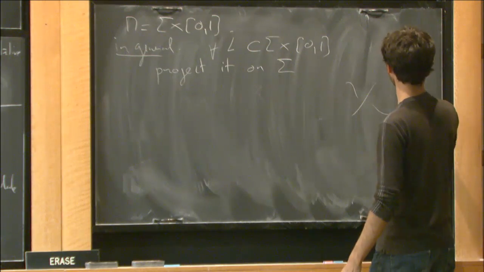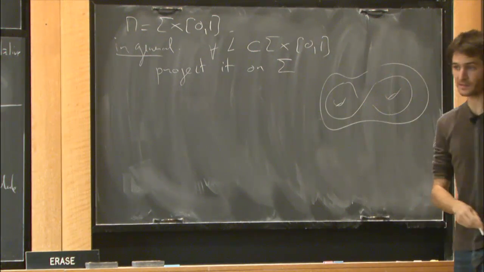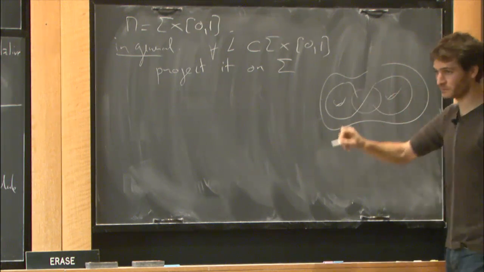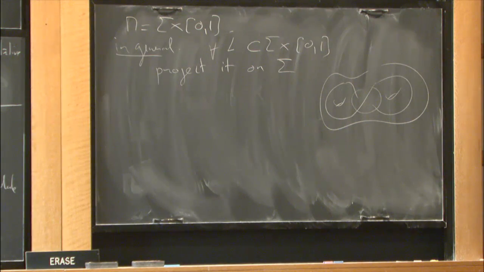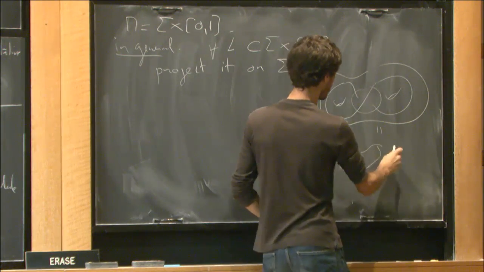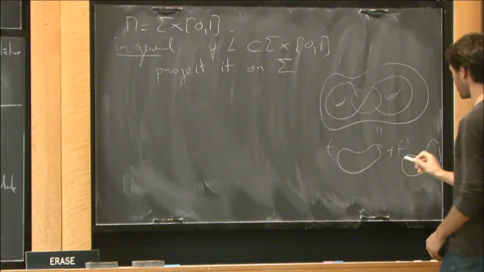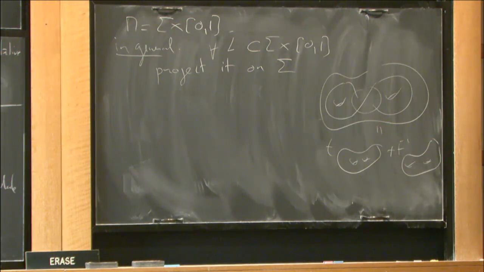So you have a diagram inside the surface. And anytime you see a crossing, you can apply your favorite Kauffman relation. And you replace your link with a combination of two other links with one less crossing. This is equal to t times something plus t inverse times something else. Two other links with one crossing less.